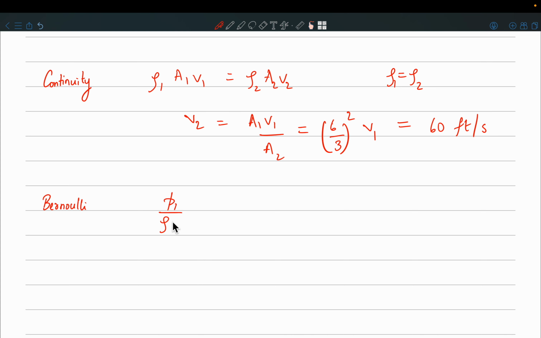So I can write this as P1 by rho. Yes, so what is delta P? So rho 1 and rho 2 are same, so we can take rho as common into V2 square minus V1 square.